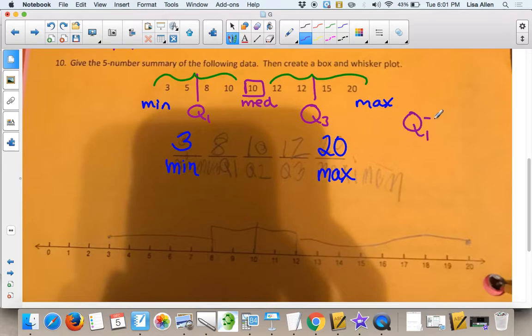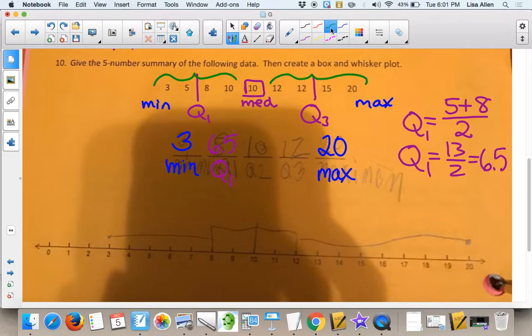So Q1, you remember you have to average 5 and 8. So we add 5 plus 8, and we divide by 2. So we get Q1 is equal to 13 over 2, or it's equal to 6.5. So we have our Q1 is 6.5.